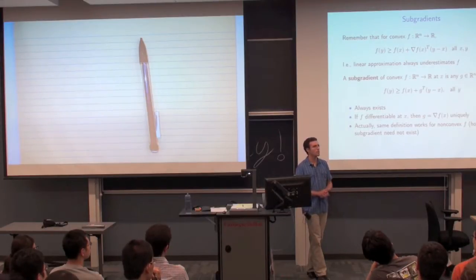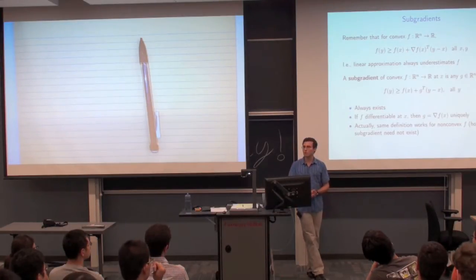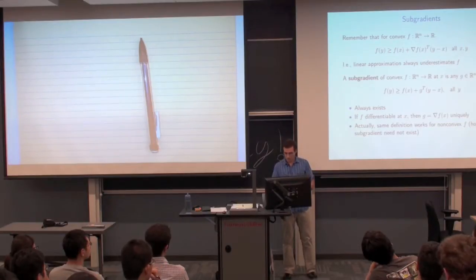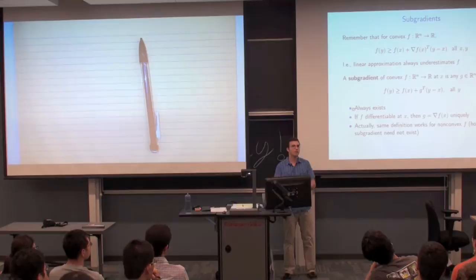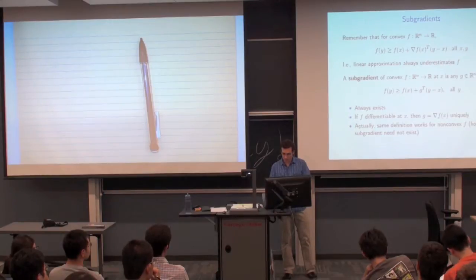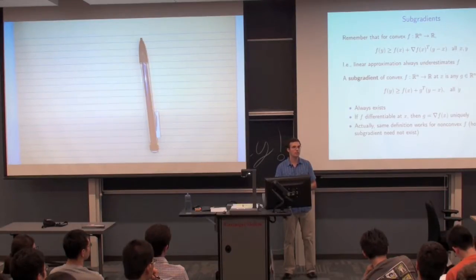But for the sake of simplicity, I don't want to worry about those special cases. So within the relative interior of its domain, and we're going to assume the domain is all of Rn, subgradients exist for convex functions. They always exist. If f is differentiable at x, then there's only one subgradient, and that subgradient is its gradient. Okay, that's another property.